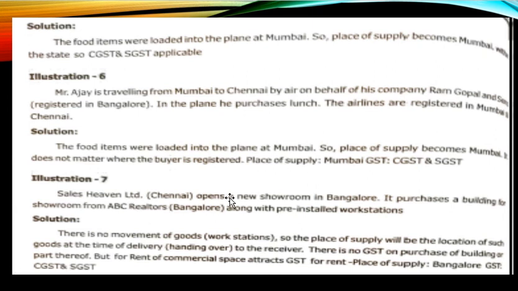Next, Sales Haven Limited, located in Chennai, opens a new showroom in Bangalore. It purchases a building for the showroom from ABC Realtors, Bangalore, along with pre-installed workstations.